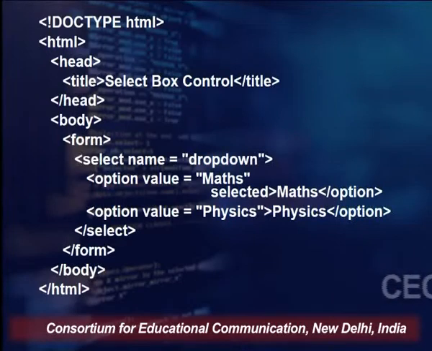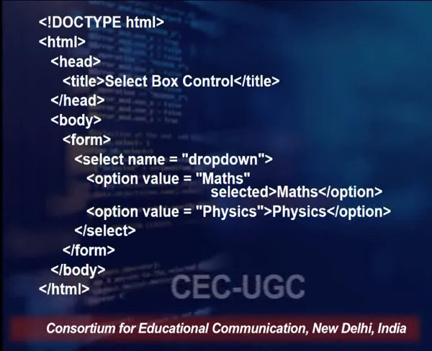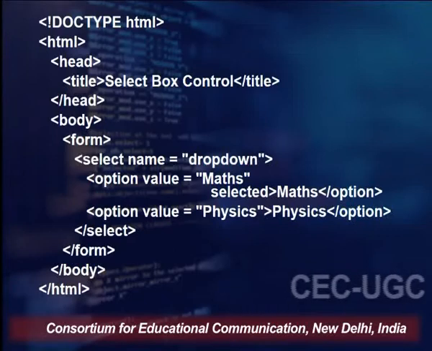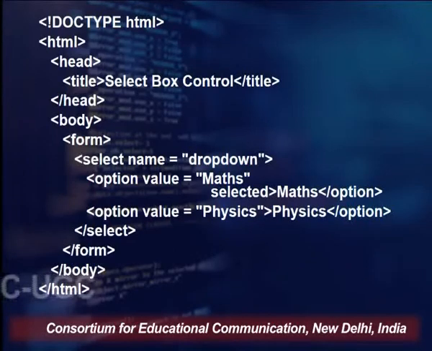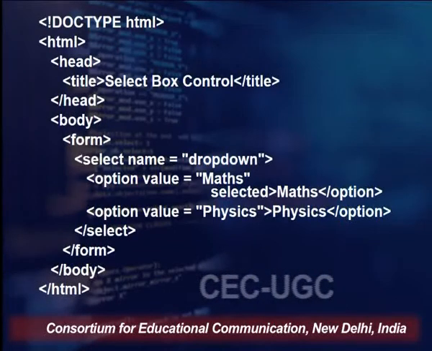Now let us try to understand what is happening here. Option is the name of the tag. Selected means it will be selected. Whatever is displayed for that option, the caption the user is going to see, will be maths, and then option closed.